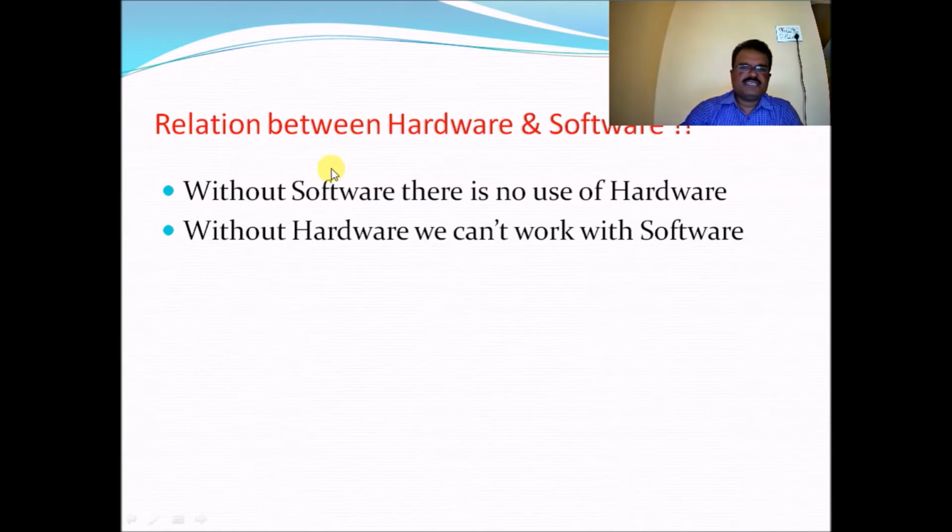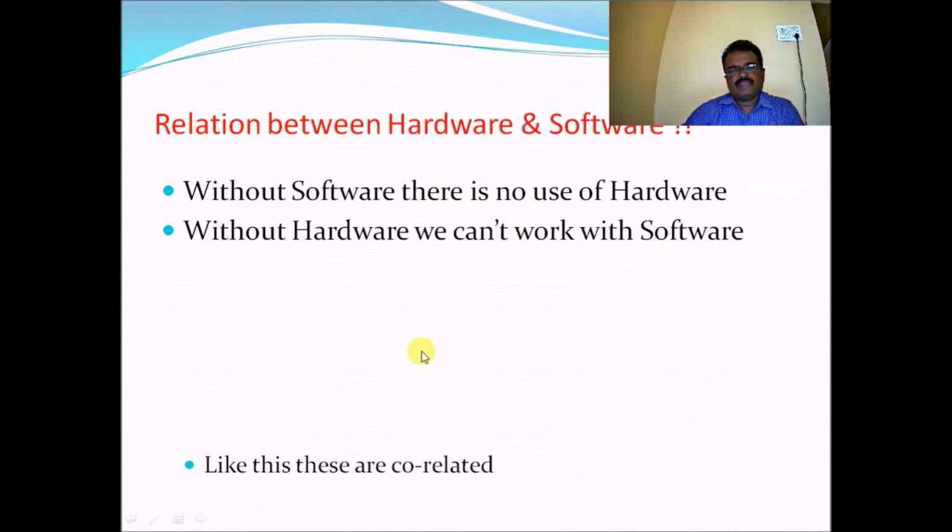So as per this sentence, if we have purchased hardware, if there is no software at all, there is no use. And if we have purchased software and there is no hardware, how can we work with the software? We cannot work. So that's why to work with the software, we require the hardware.